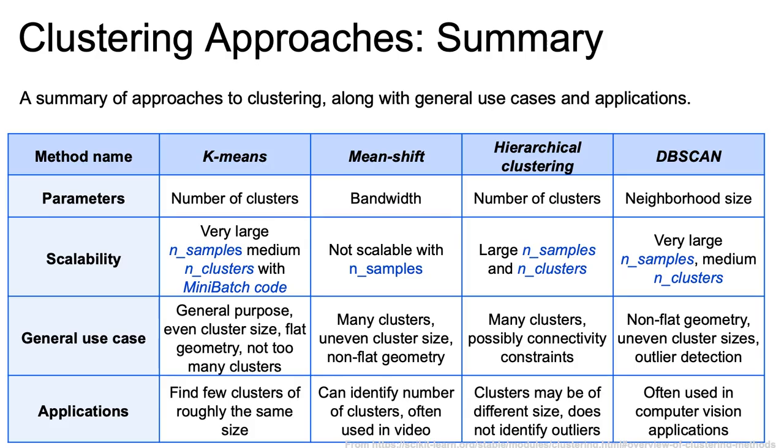And then hierarchical clustering will be good for business cases where you may want to find the subgroups as well. So if you don't just want the groups, but the subgroups that build into those groups. And then finally, DBSCAN, that's often used for computer vision applications, but also for business cases where you don't know the number of clusters and they are of similar density. Then you can use DBSCAN to identify those clusters for you.